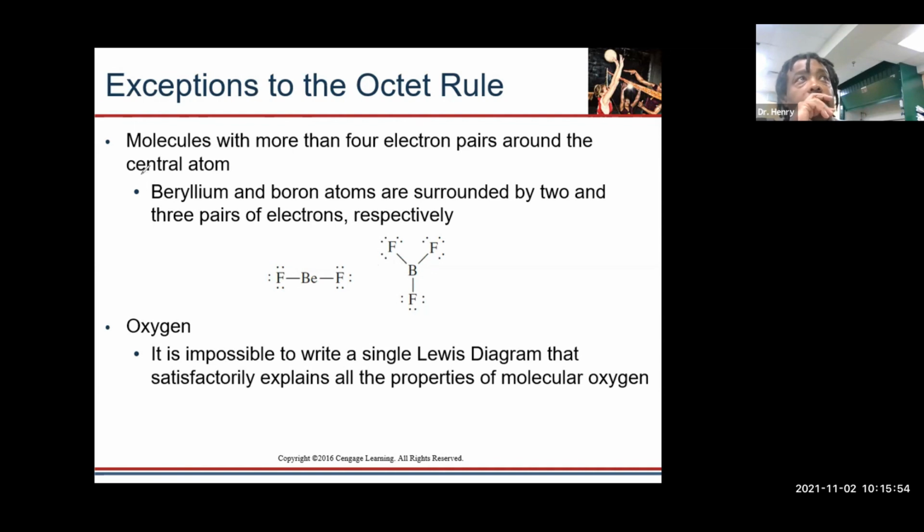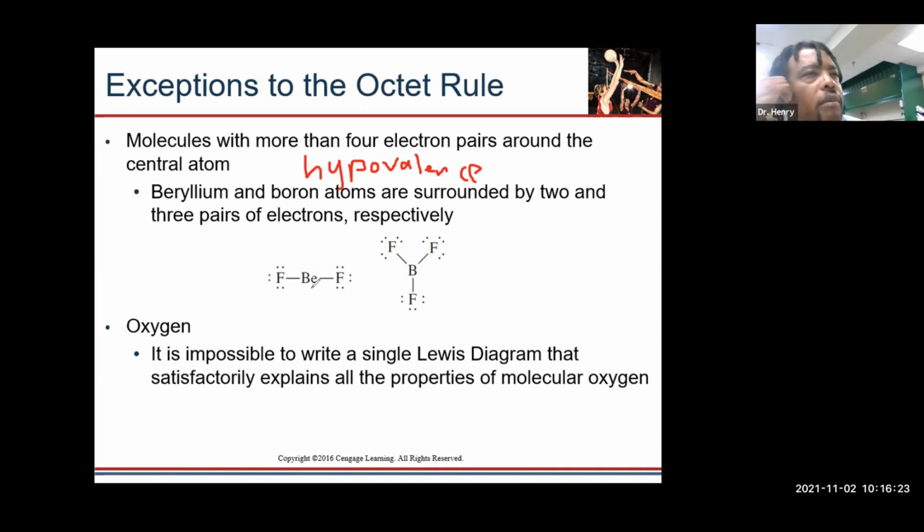Okay, so the other exceptions: this guy is called hypovalence, or octet deficient. Beryllium is a metal, but it actually behaves sometimes like a non-metal. So it's kind of confused.